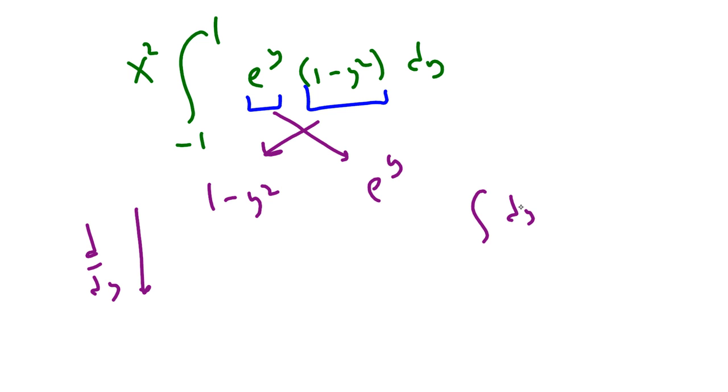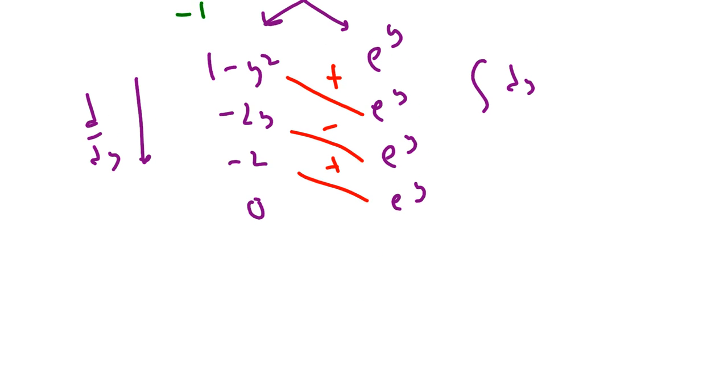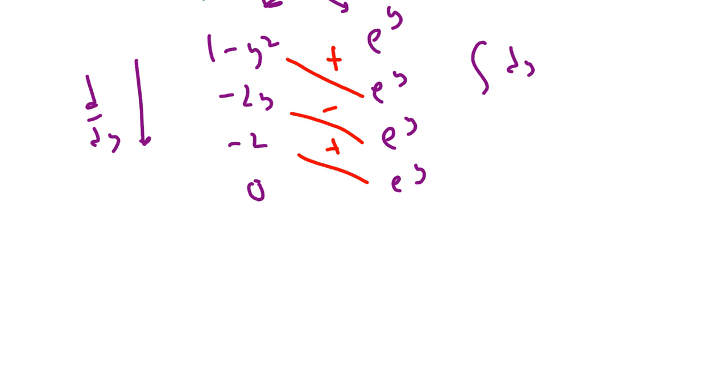The derivative of 1 minus y squared is -2y, then -2, and then 0. You stop when you get to 0. The antiderivative of e to the y is e to the y, e to the y, e to the y. So that was easy. I then connect diagonally with plus, minus, plus. This is just a quick version of integration by parts.